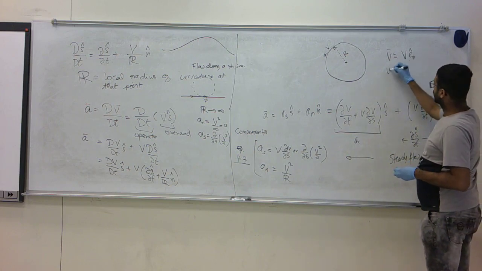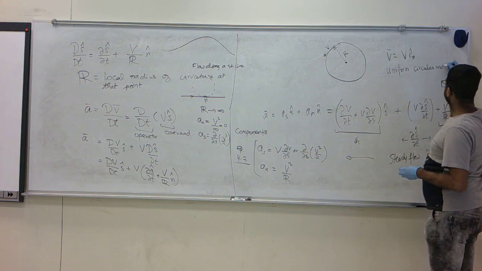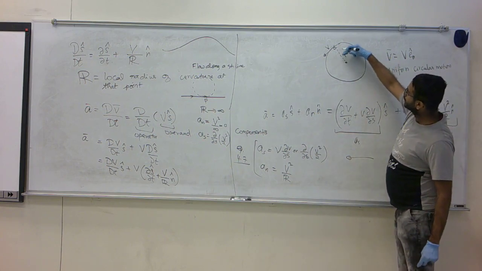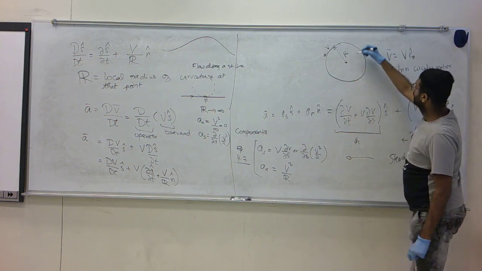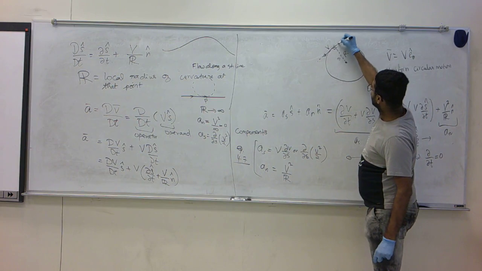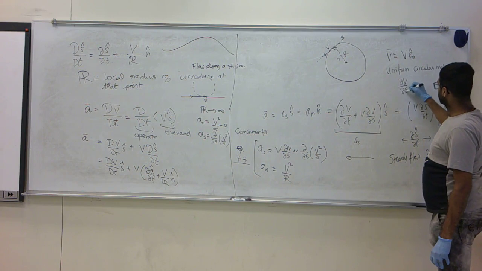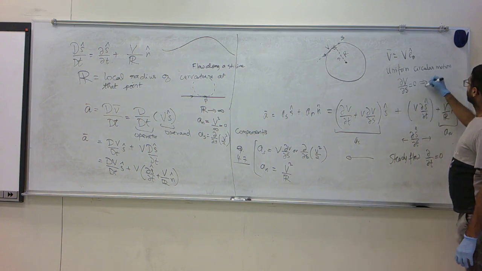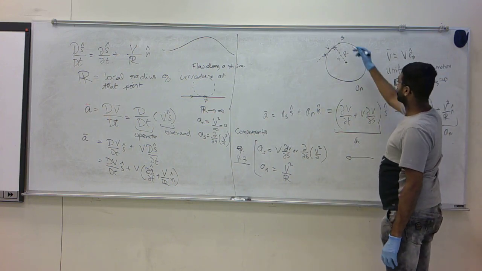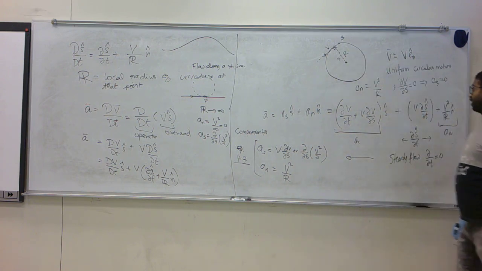And if it's uniform circular motion, your velocity is not changing in the radial direction. That is, this radial direction is your normal direction and this tangential direction is your streamwise direction. So you have dV over ds equal to 0, which implies the streamwise component is 0, but since you have a speed of v divided by the radius, that would be your normal component.